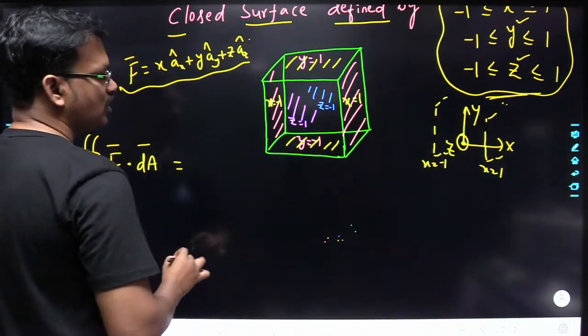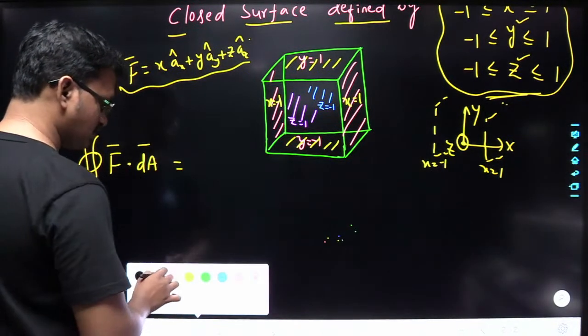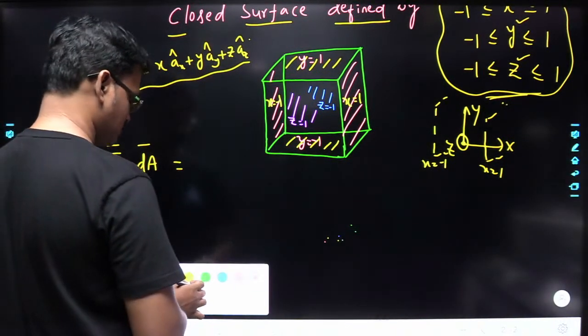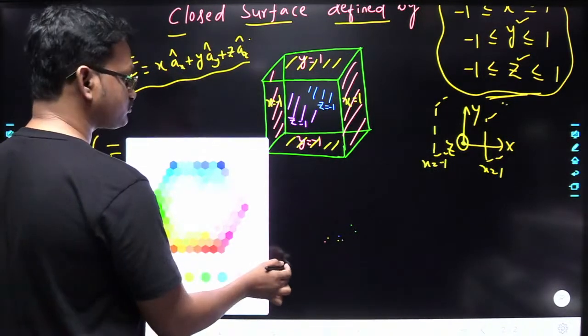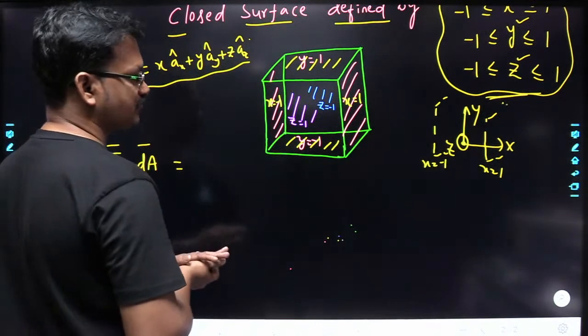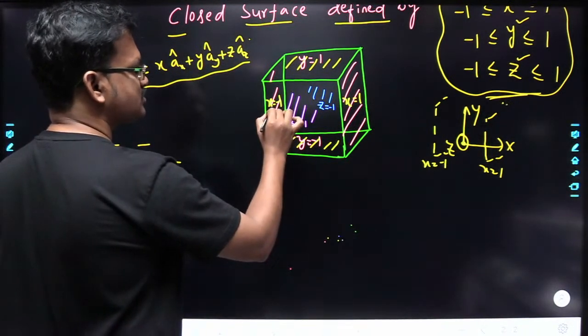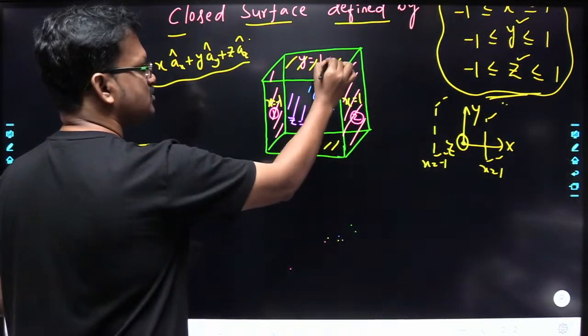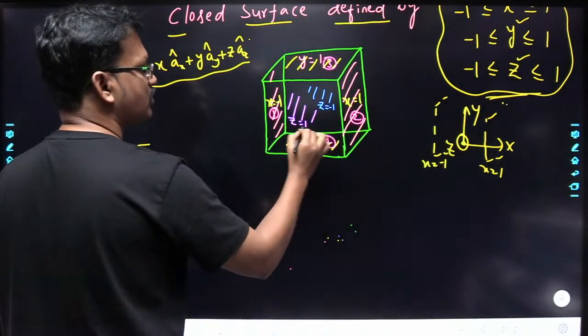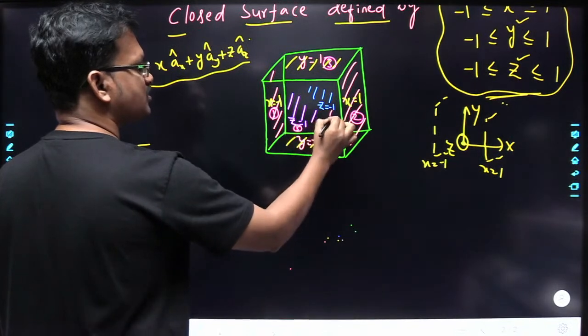Okay. So you have to consider all the 6 surfaces. Let us consider this is 1, this is 2, this is 3, this is 4, front surface 5, back surface 6.